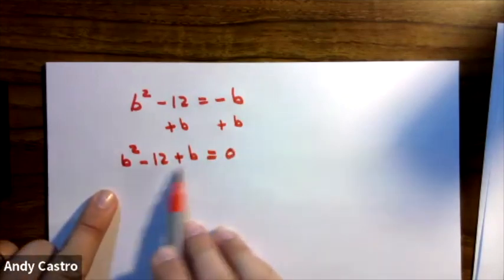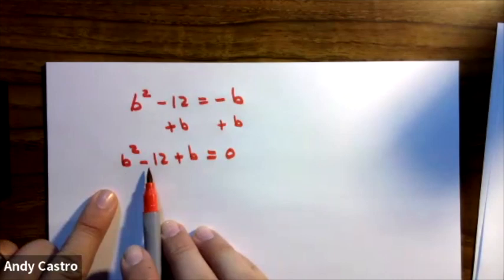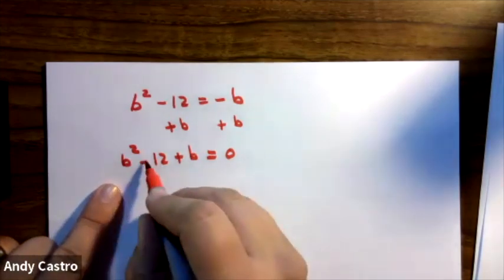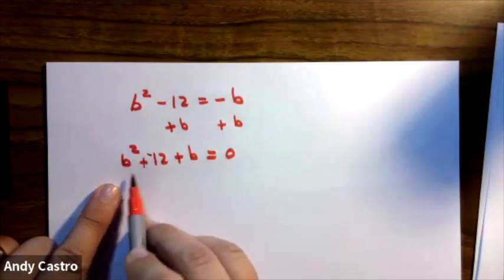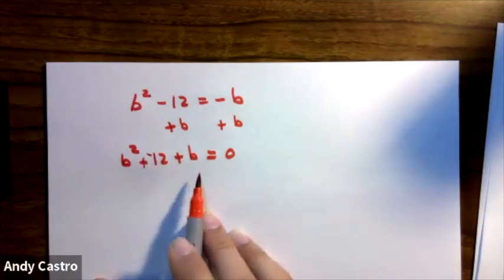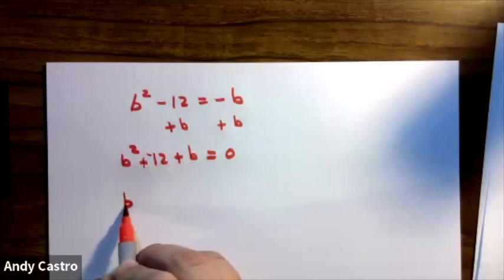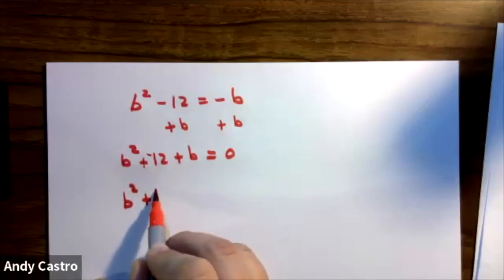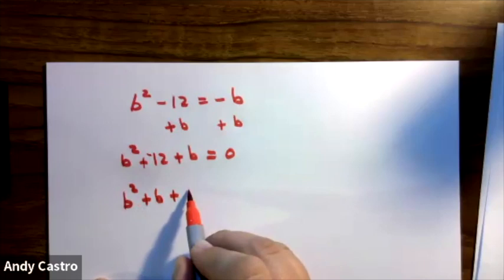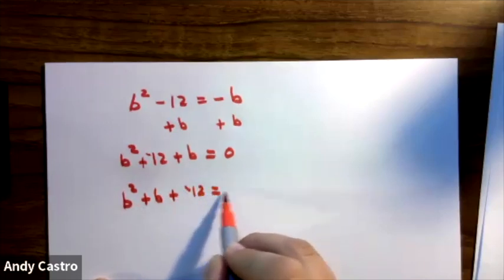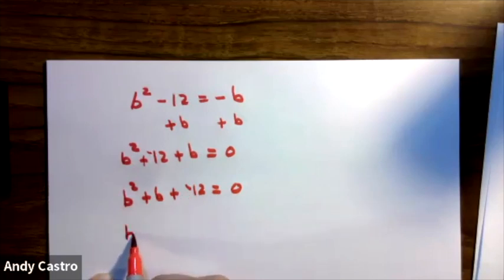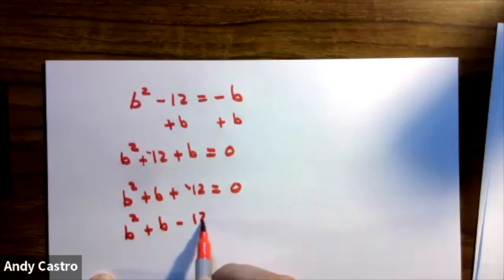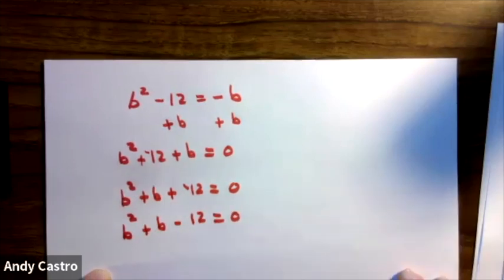Now I need to make sure that I'm in the right order. Now I can't just move around subtraction, so I'll change this to addition by making that b squared plus negative 12 plus b. So now I can say b squared plus b plus negative 12 is equal to 0. Plus a negative is just minus. So b squared plus b minus 12 is equal to 0.